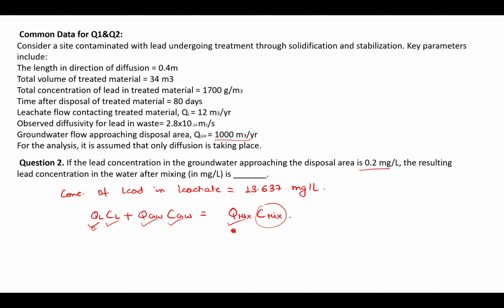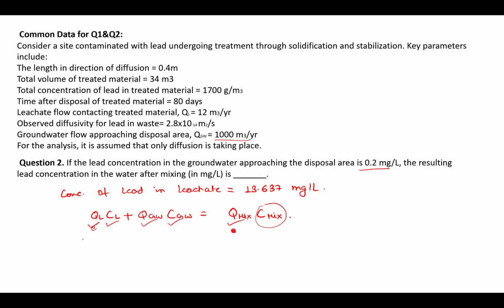Yes, 0.359 is the correct answer. So we have the flow rate for leachate as 12 meter cube per year. Concentration of lead in leachate we have already calculated as 13.637. Groundwater flow rate is 1000 meter cube per year. Concentration of lead in groundwater is 0.2 milligram per liter. Flow rate of the mix will be 1000 plus 12, times the concentration of lead in the mix, which we have to find.